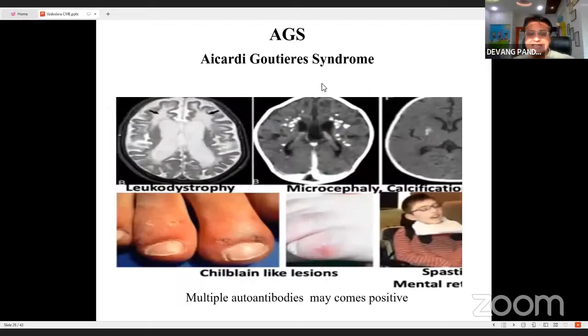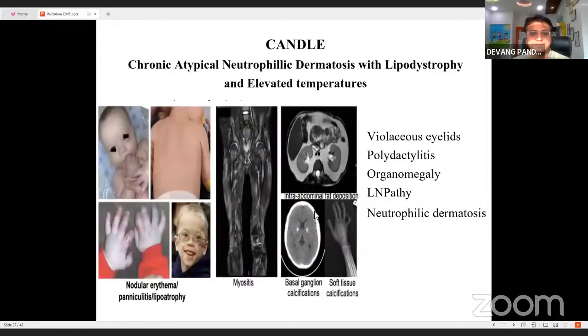Another disease like AGS is also an interferonopathy with the same symptoms, but the difference is that this child has significant CNS involvement, like we see in primary organic brain disorders like CP, stroke, and developmental delays. And this is CANDLE, a disease similar to SAVI, but the differentiating features are violaceous eyelids and significant myositis.